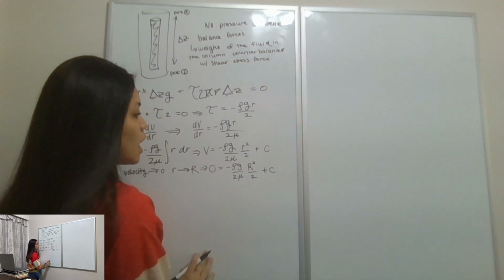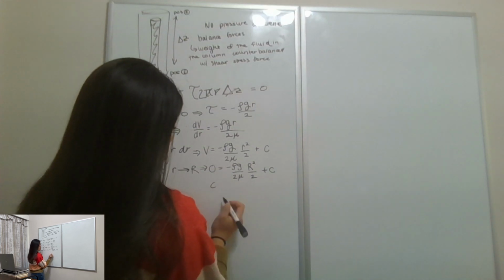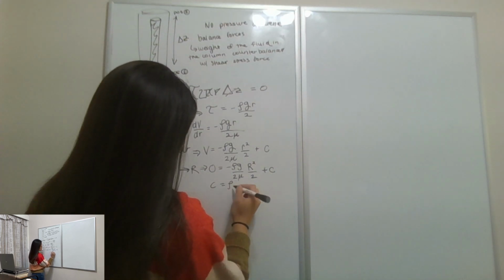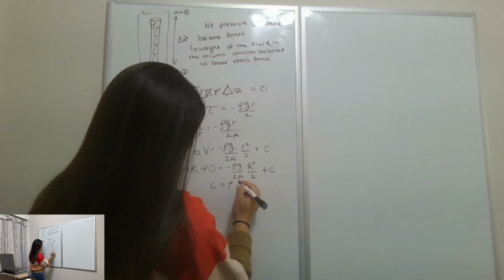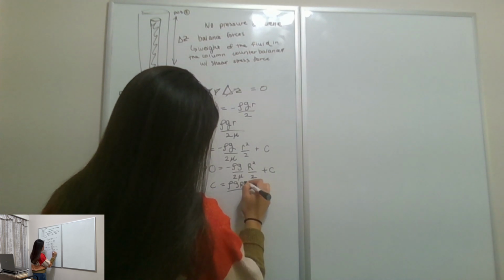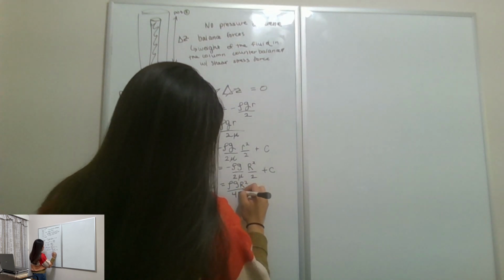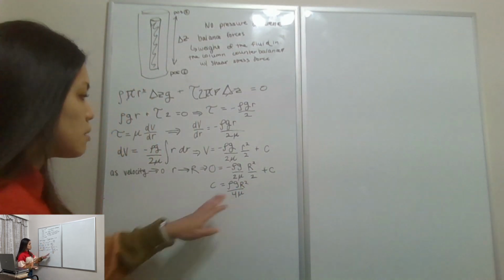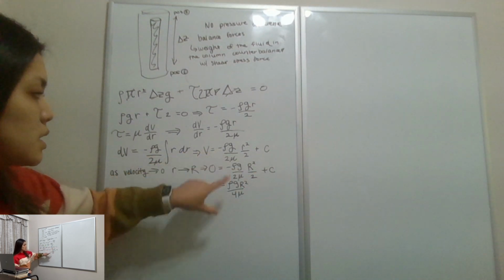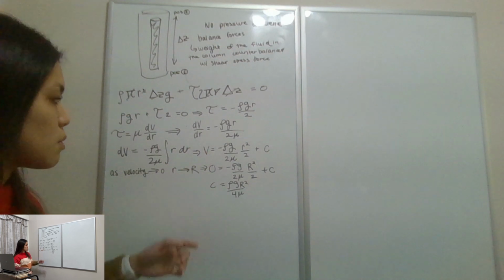So then we can isolate the constant of integration, which is equal to the density times the gravitational acceleration times the outer radius squared divided by 4 times the viscosity. So we can plug that into this equation up here, and because this is a negative and this is a positive, we'll switch them around.